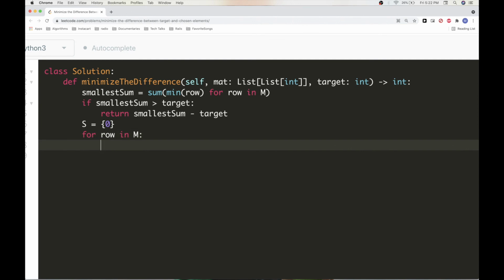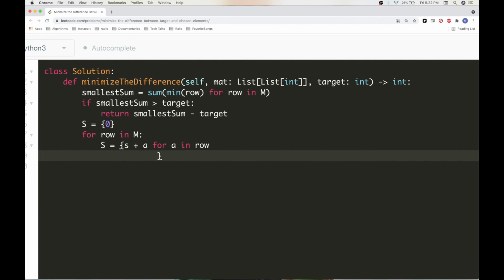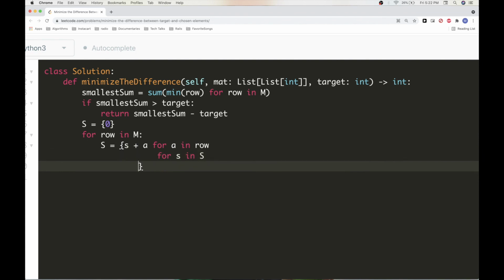And then we override S with S plus A for A in row, for S in S, and only if S plus A is smaller or equal than 2 times target minus smallest sum, the value that we deduced from our observation.